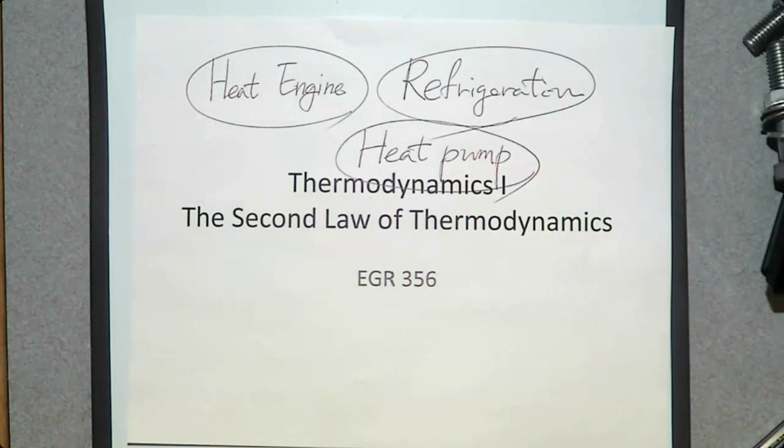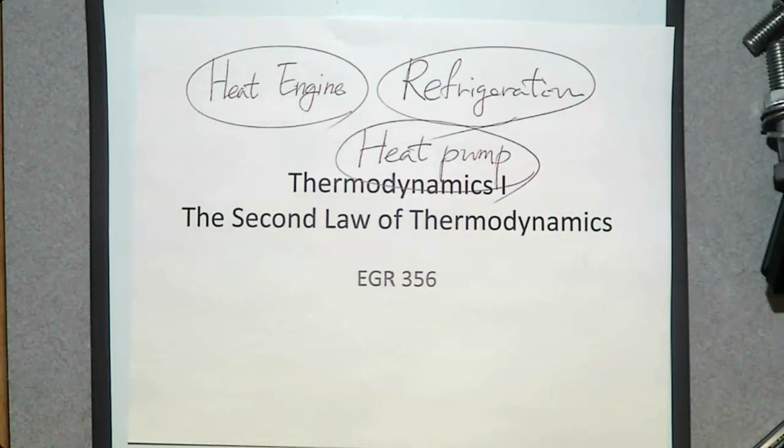A refrigeration cycle is, of course, what we use in our refrigerator. It pumps heat from a low temperature and dumps it into a high temperature. And what is a heat pump? A heat pump is very similar to a refrigeration system, but you're not very familiar with the heat pump, right? You know what a refrigeration system is, because we see a refrigerator every day, right?